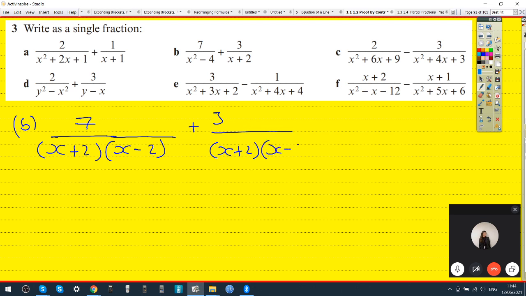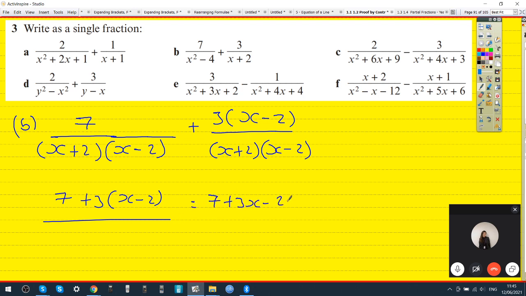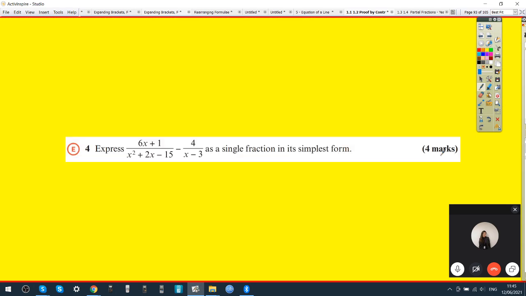Multiply by x minus 2, and on the top, same thing. And then you can bring it up as one fraction. The top becomes 3x minus 2, and that simplifies down to 5 plus 3x, over the denominator. Alright. Yep. So this one.